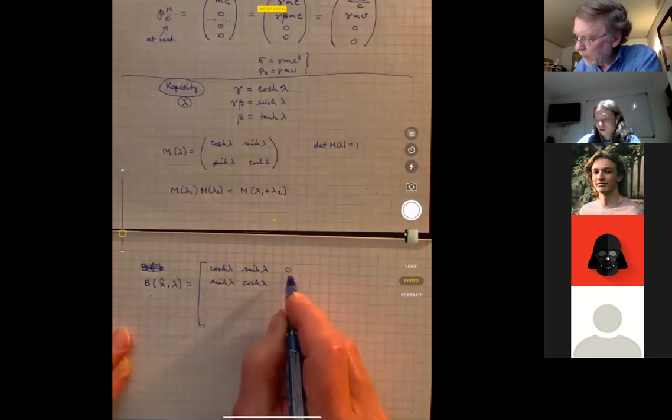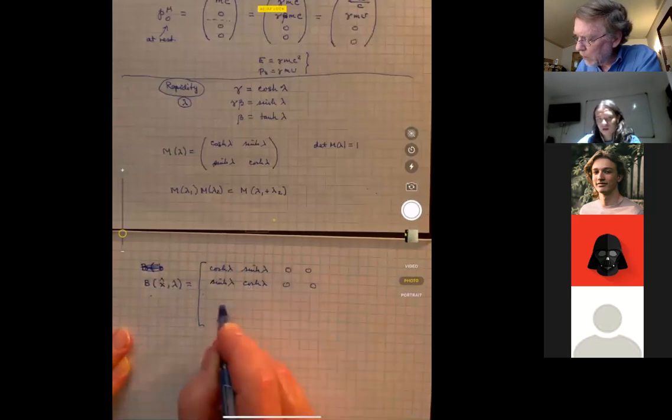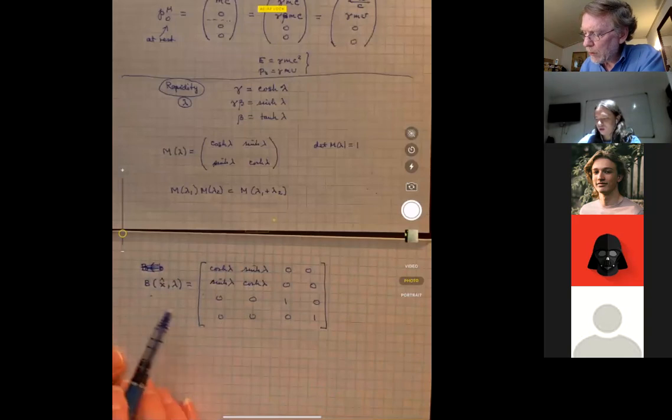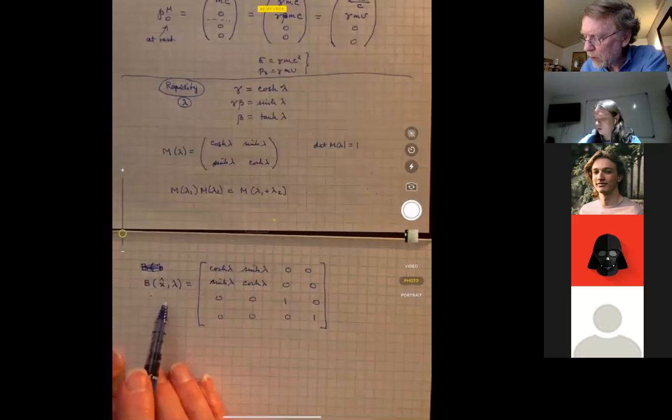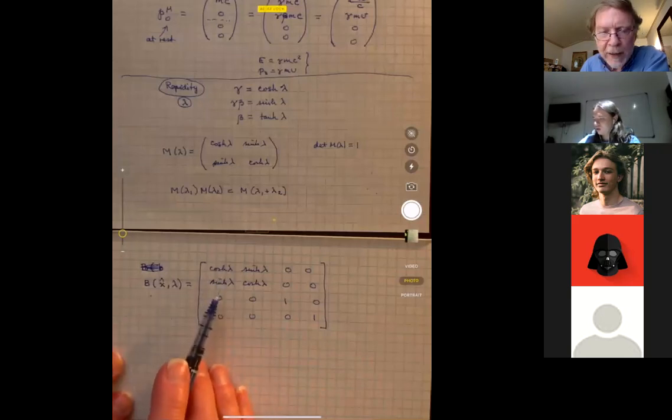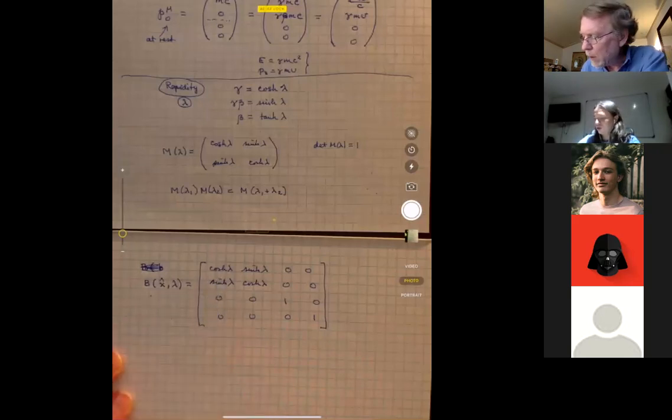And then nothing happened to the y and the z coordinates, so these have to be zeros here and then a little 2x2 identity down in that block. This is really just extending to the y and z coordinates what I did earlier and multiplying by that 2x2 matrix. But it now gives us an example of a boost as a Lorentz transformation, a full matrix, now with the active interpretation written in terms of the rapidity of the transformation.